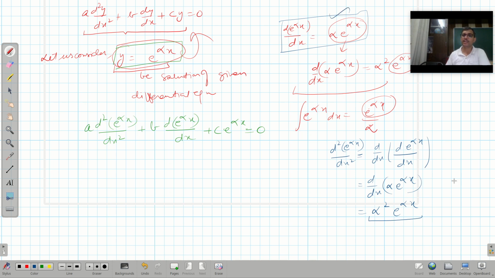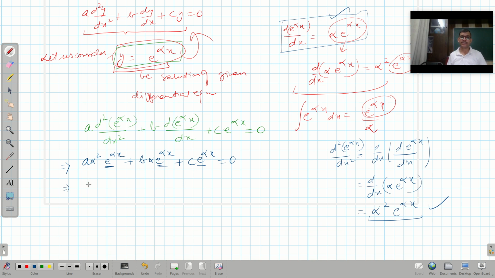Let us substitute all these values. I can write this equation as a alpha square e raised to power alpha x plus b alpha e raised to power alpha x plus c e raised to power alpha x is equal to 0. This term is common in all, so it can be taken outside.